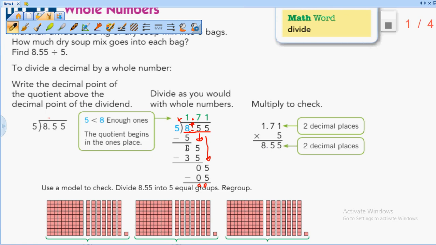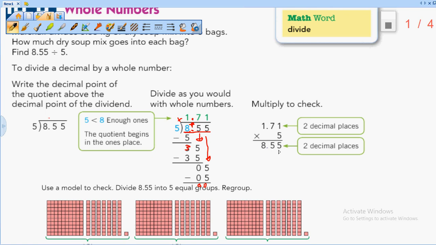When you subtract, you will get 3. Now, we will take the next digit. But before the next digit, we have a decimal point. We will put it directly up. And then we will take 5 and continue dividing normally. So the difference between dividing a whole number by a whole number and a decimal by a whole number is only the decimal point. When we reach the decimal point, we have to put it up. And we will follow the same procedure.